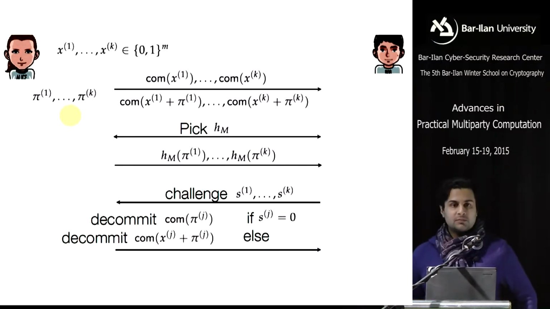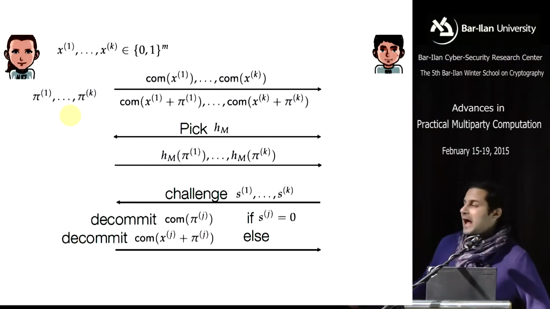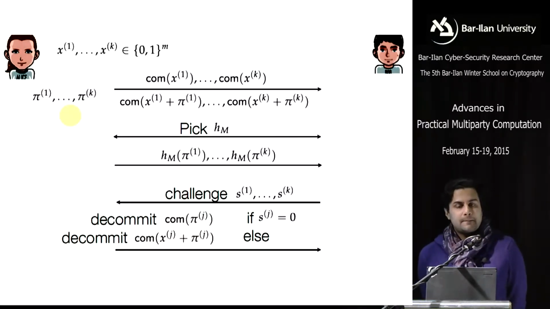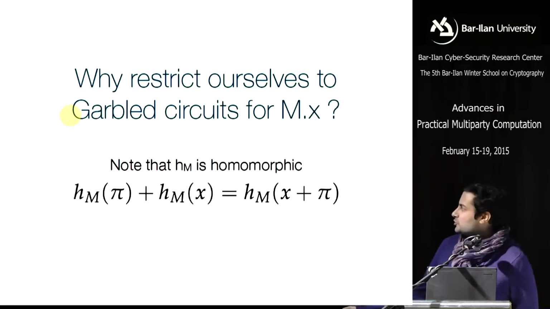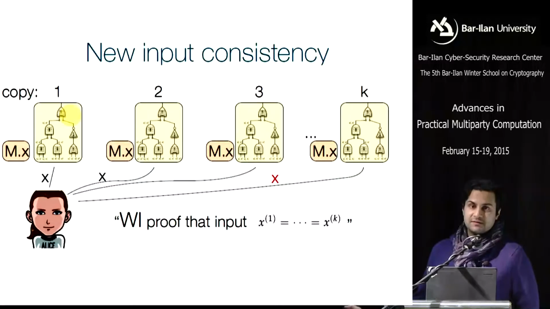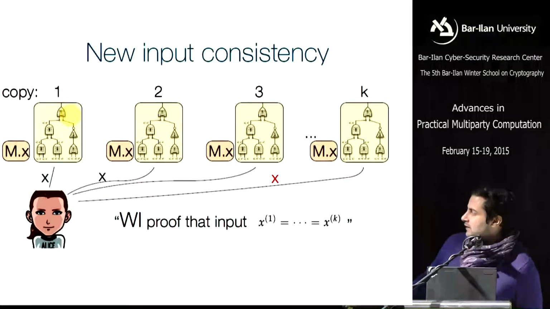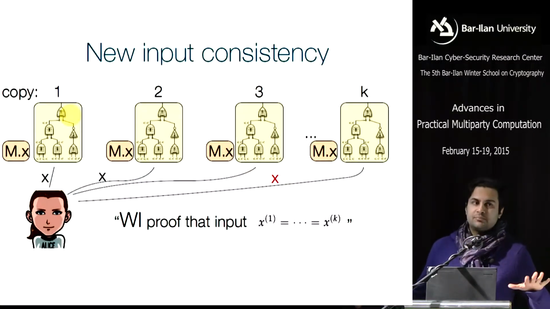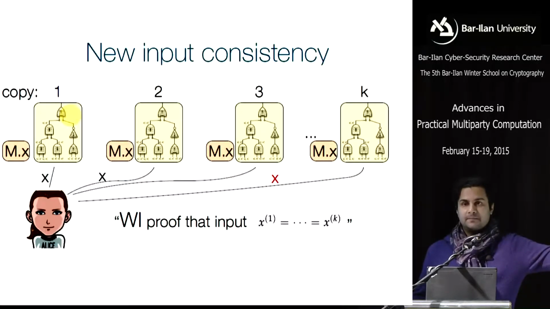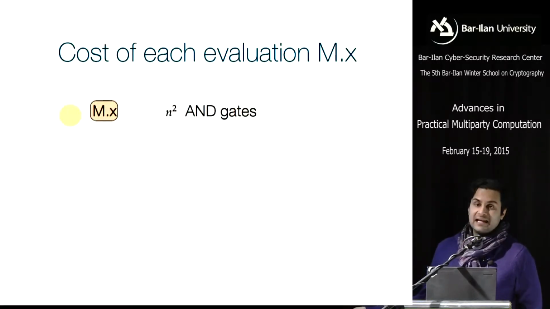It's a simpler protocol than writing the garbled circuit, because in particular, how many gates do you think this protocol will require in a garbled circuit? So what I want you to compare, to understand if you get the gist of this idea, not the technical details, is that I was suggesting that we just add another garbled circuit mx right here, and of course through that same process we'll cut half of them and make sure that m is implemented properly, etc. That's option one, and I said that's going to require n squared gates.